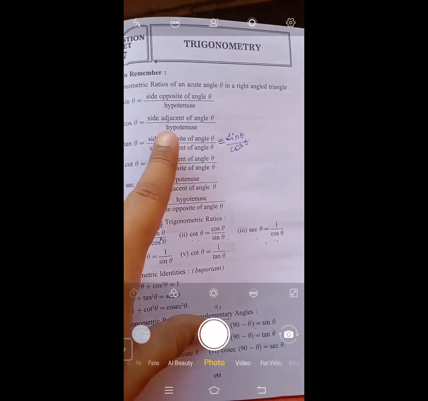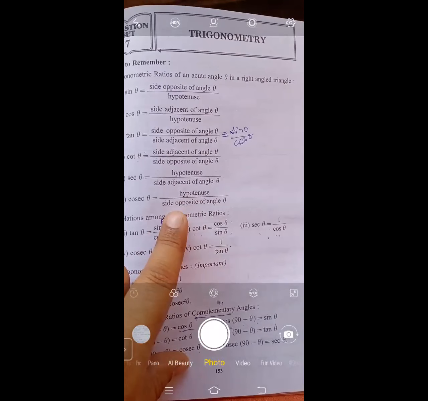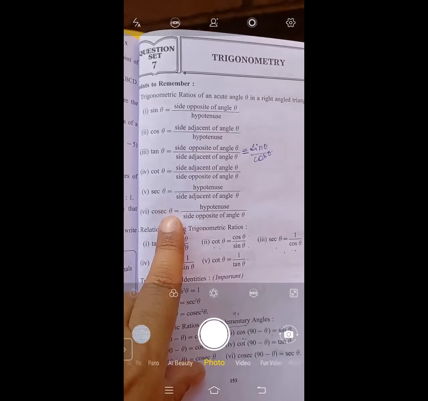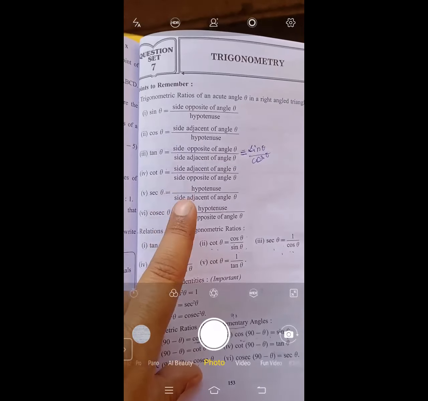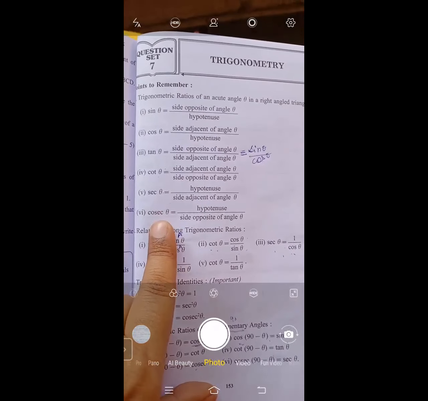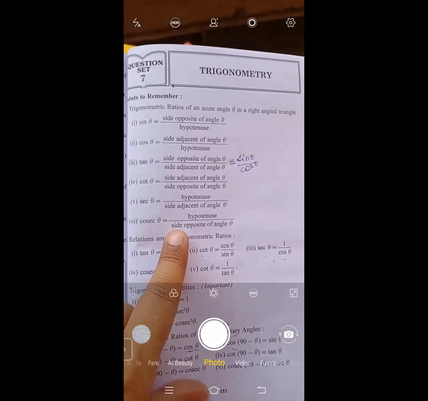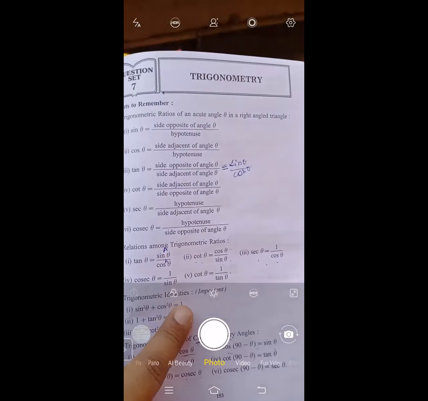You can see that the denominator goes in the numerator and the numerator comes in the denominator. So this is sec theta. Understanding these ratios is very important. Cosec theta is the reciprocal of sin theta. You can see hypotenuse divided by side opposite of angle theta.